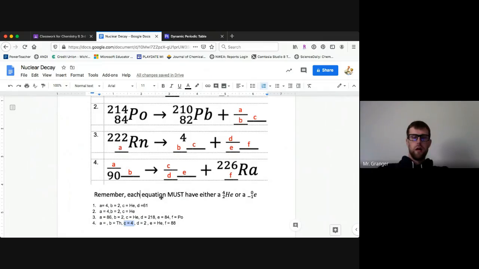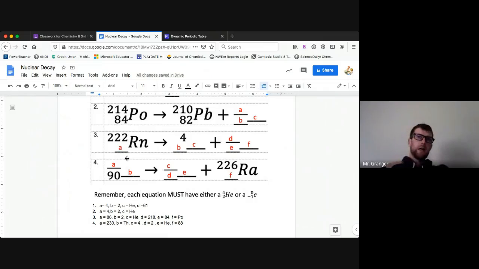So you can see letter C, number 4, plus 226 would equal 230 if we combine the 4 with the 226. So letter A is a mass of 230. So go with what you know.